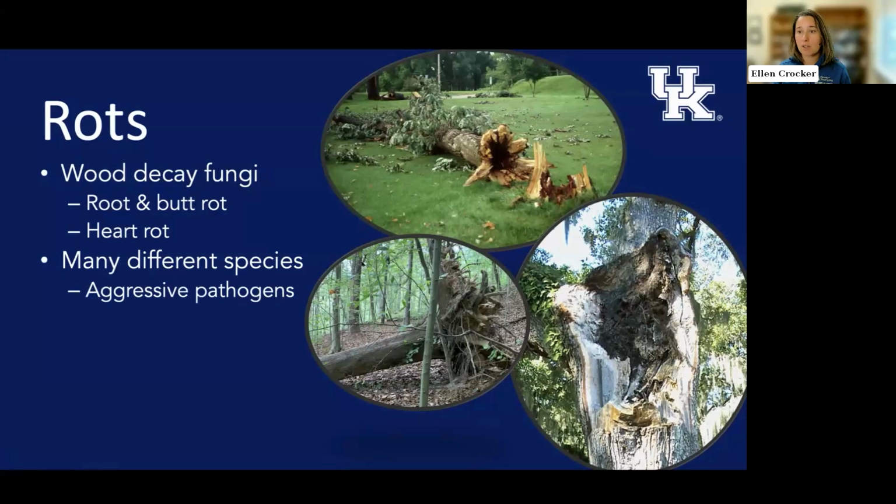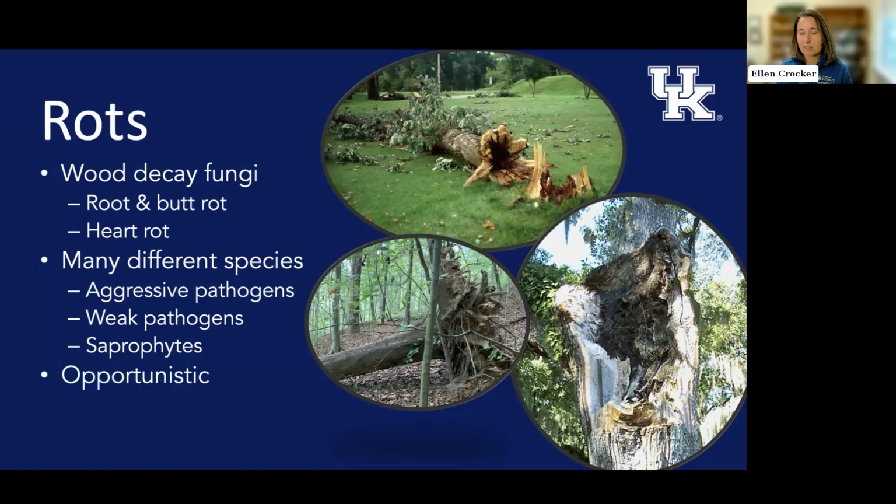So there are many different species of fungi that can cause rot issues. These are going to range from aggressive pathogens to weak pathogens to saprophytes, or things that are just breaking down dead wood. There's not a lot of difference from a fungus's perspective between a log that's sitting on the forest floor and a standing tree in that inner heartwood. That's going to be pretty similar from their perspective.